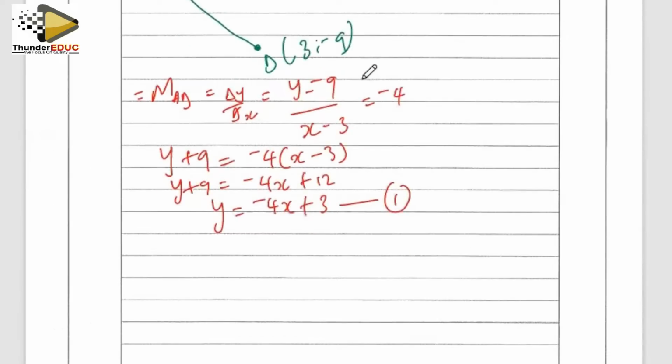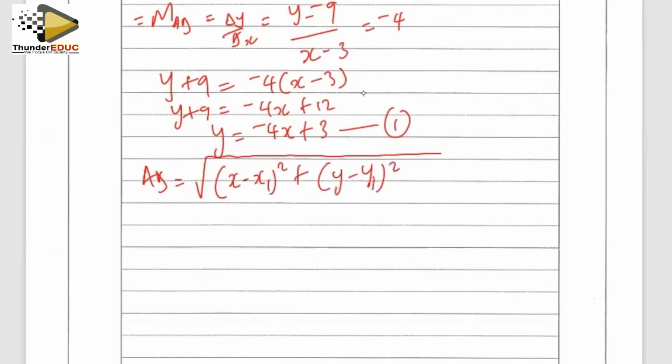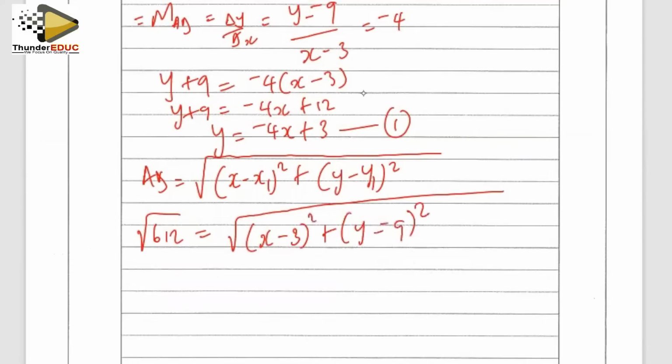Then I look at the distance formula and say that my AD is going to be the square root of X minus X1 squared, and then Y minus Y1 squared. So root 612 is equal to the square root of X minus 3 squared plus Y minus -9 squared.